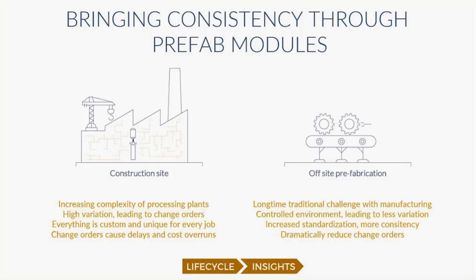And that has been seen as a type of solution to this construction problem for processing plants. So the idea here is that you have something akin to a plant or a manufacturing facility where you have prefabricated components that you then ship off to the construction site.